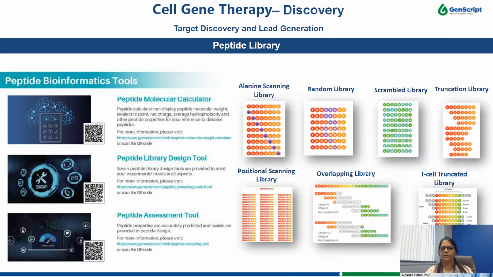And to meet different purity demands for multiple applications, we developed two different types of peptide libraries. One is a standard peptide library, which is available in high purity, and the other is a microscale peptide library, which is ideal for preliminary screening and application.